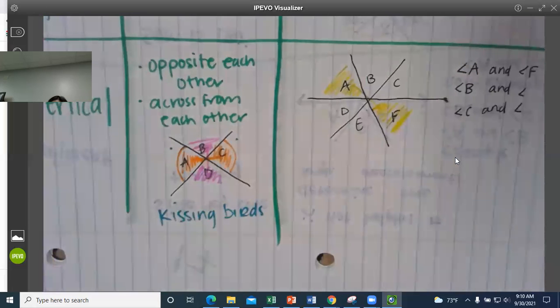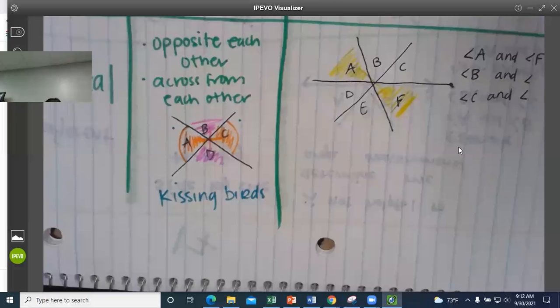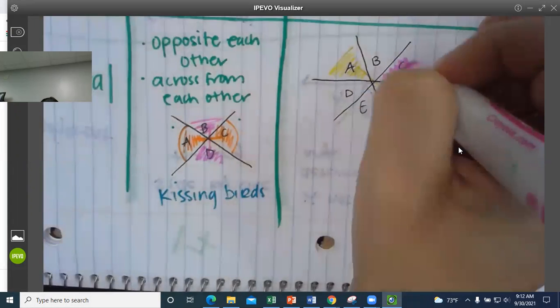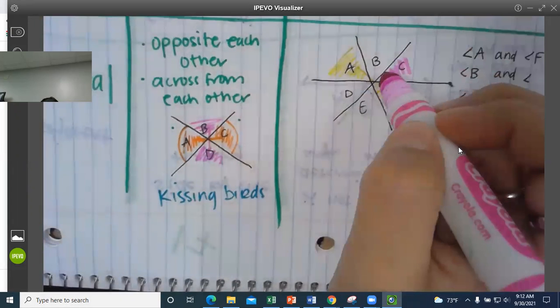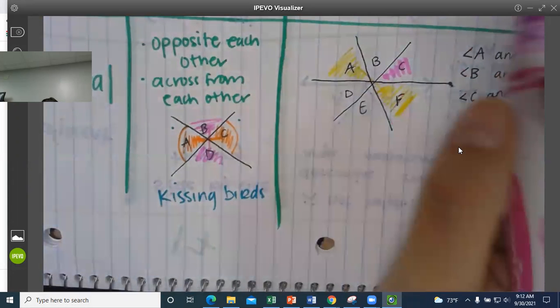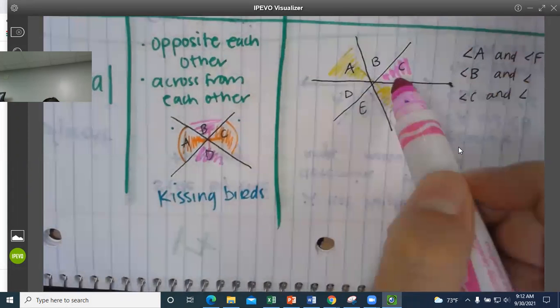Let me pause this so that if someone's watching this, they don't have to wait till I walk around the room. Okay, so a lot of you got this correct. For C, the one across, some of you had it labeled, so I'm gonna call on those people. Derek, what did you get for C? The one across from C? Yeah, perfect.